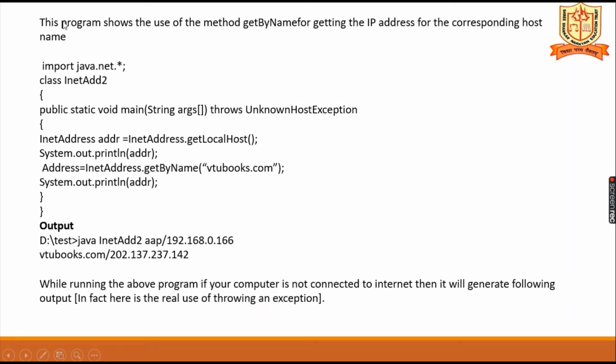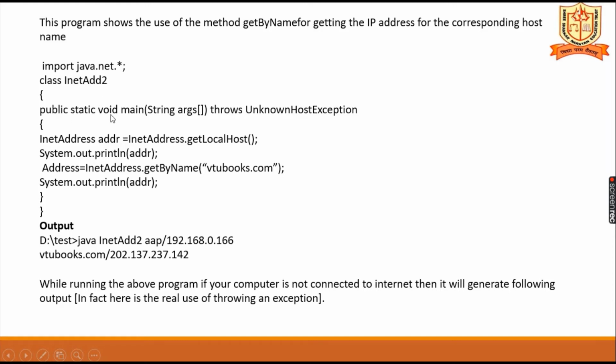And the second program shows the use of the method getByName. Suppose you want to retrieve the site names. You can use getByName for getting the IP address of the corresponding host name. If you want to retrieve the host name, you use the getByName method.